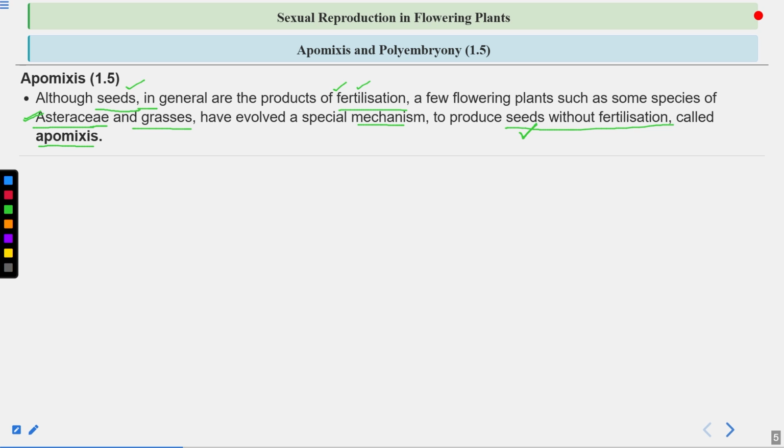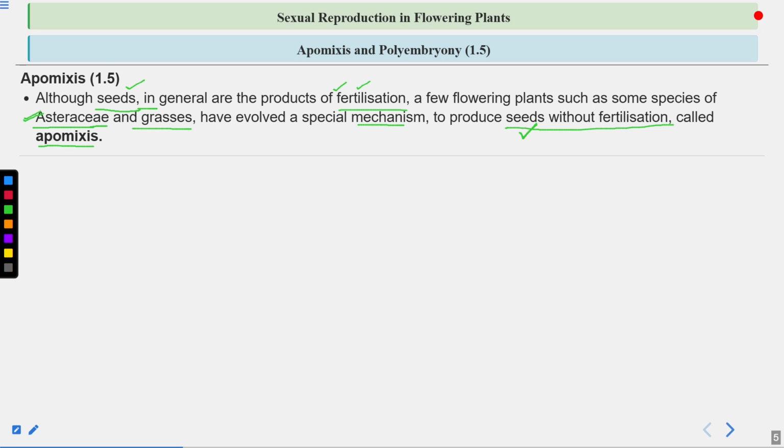Only the female parent is involved. So during sexual reproduction, actually what happens? There are developmental steps occurring inside the ovule that produce the female gametophyte, that is the embryo sac.